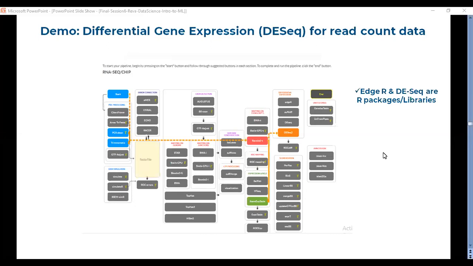Always remember this. You cannot apply a t-test when you have read count data, and you cannot apply edgeR or DESeq when you have normalized data. Always keep these things in mind whenever you perform differential gene expression analysis.